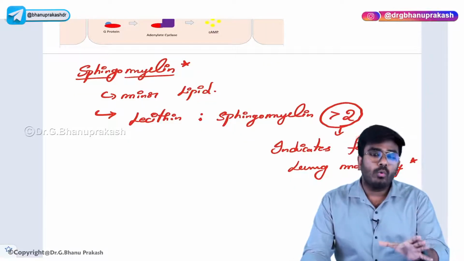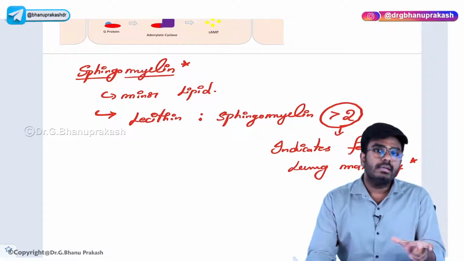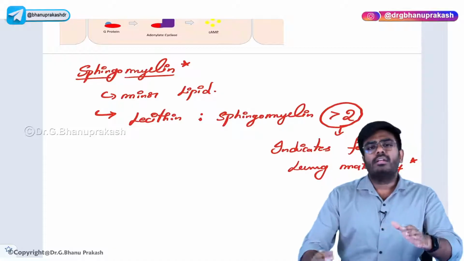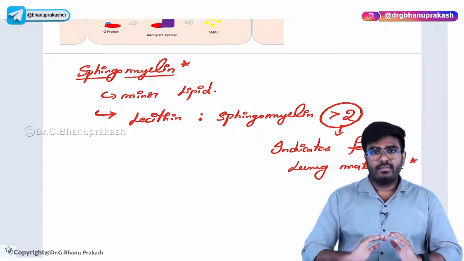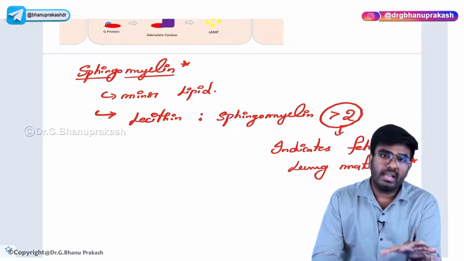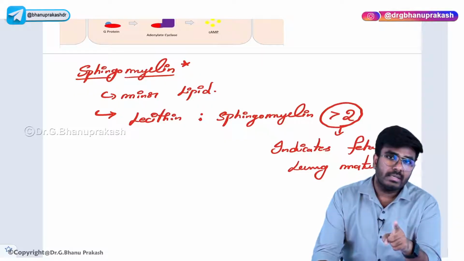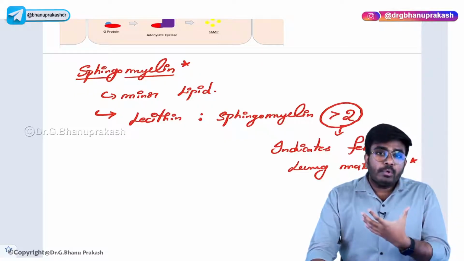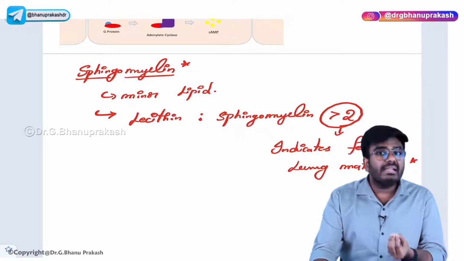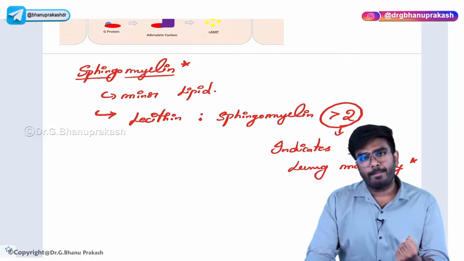Normally, who is the deciding factor for the maturity of the lungs in the baby? It's the production of surfactant. In a fetus, when the baby is in the uterus, the lungs are non-functional and not matured. Somewhere around 28 to 32 weeks, the alveolar type 2 pneumocytes in the lungs will produce surfactant. This surfactant is the one which makes the fetal lungs mature.